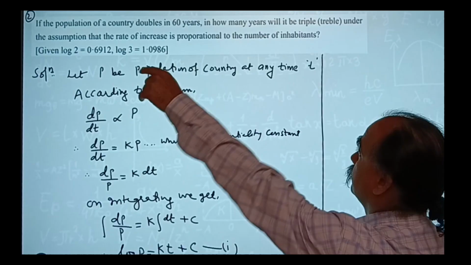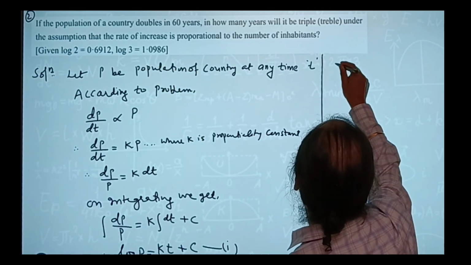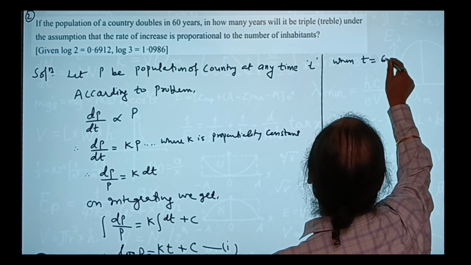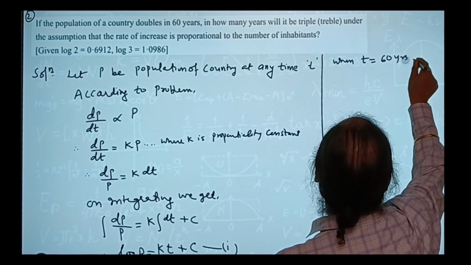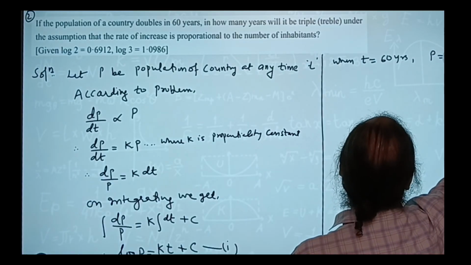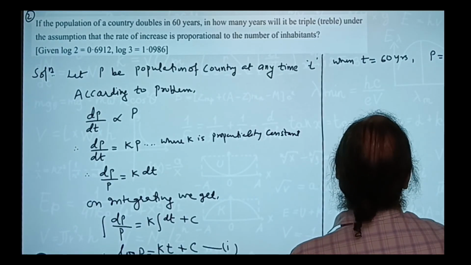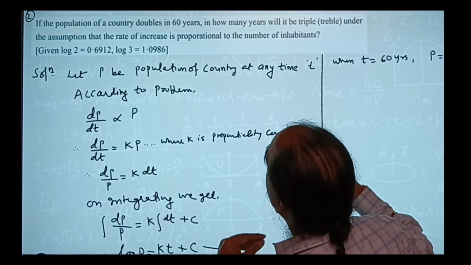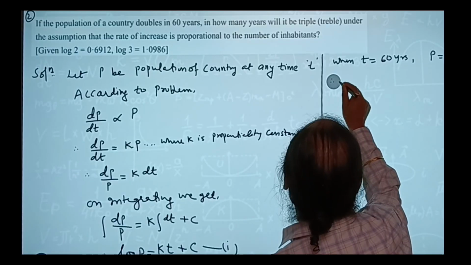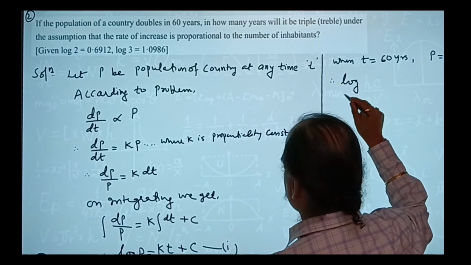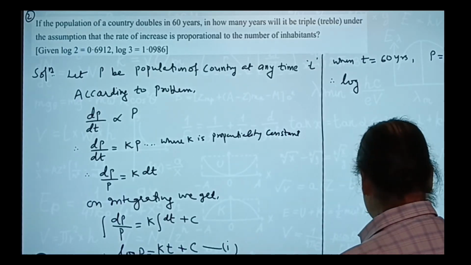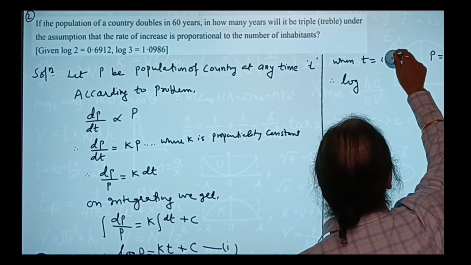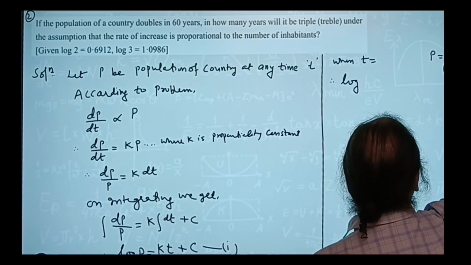What they have given? Population doubles in 60 years. When t is 60 years, p becomes 2 times the original number. Suppose we take original number as P0, when time is 0.